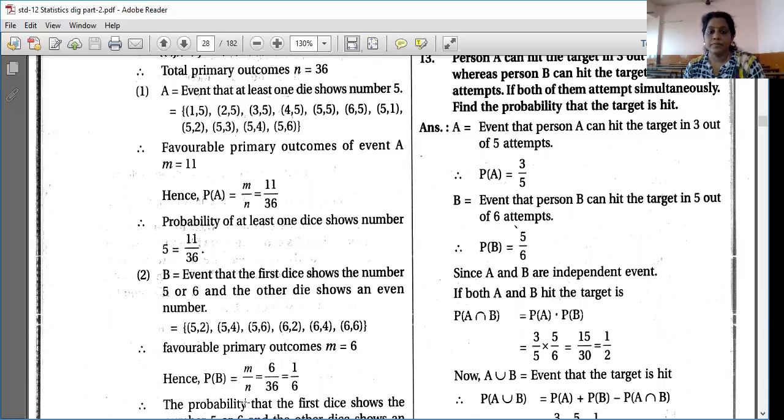First die should be 5 or 6 and second die should be an even number. So 5 2, 5 4, 5 6, 6 2, 6 4, 6 6. We have not taken 5 1 because the second number is an odd number, so we cannot take 5 1. Okay, so here our primary outcome M is equal to 6. So P of B is equal to M upon N, that is 6 upon 36. That comes to 1/6.